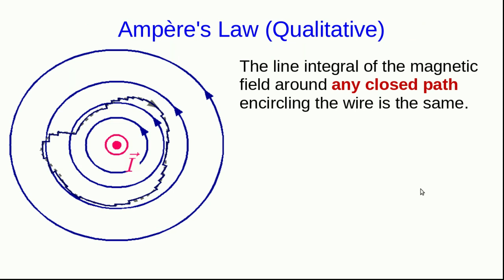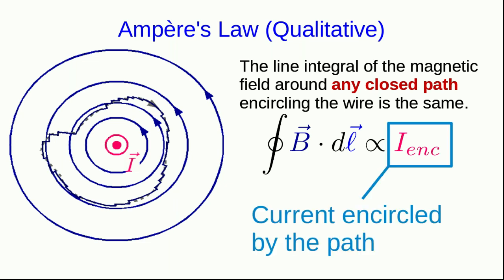Well, this gives us a qualitative statement of Ampere's law. It says that the line integral of the magnetic field around any closed path encircling a wire with a current in it is the same. And we'll write it this way, where what I mean by I enc is the current encircled by the path.